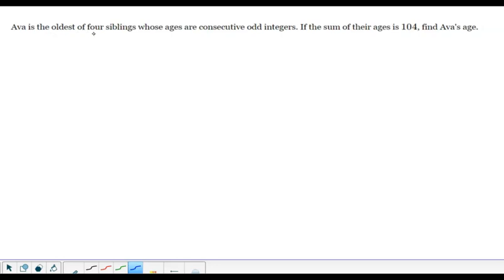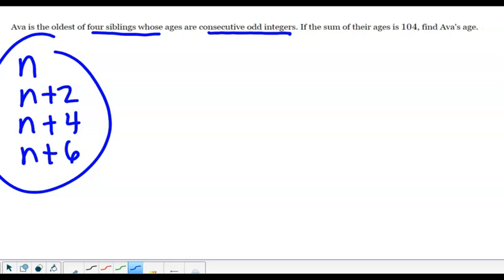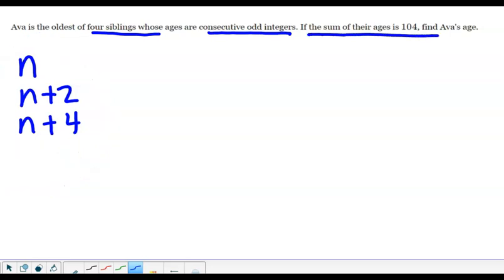So Ava is the oldest of 4 siblings whose ages are consecutive odd integers. This is the first sibling, this is the second sibling, this is the third, and this is the fourth. So now we have our translation guide. These are the only items that we can use. And now, these are the hints of how to write the equation. The sum of all their ages is 104.